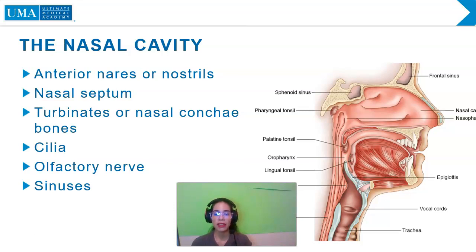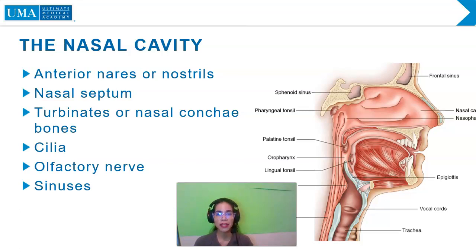This increases the surface area of your nose, adding moisture to the air and filtering the air from dust and dirt particles. The whole nasal cavity is lined with mucous membranes that help to trap dirt and dust that we breathe in. Within the turbinates, the air is warmed before entering the lungs.